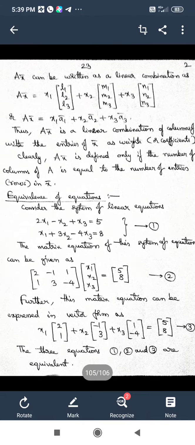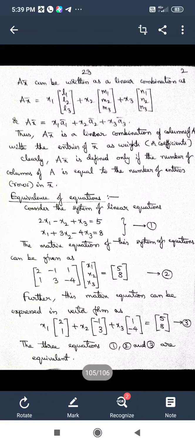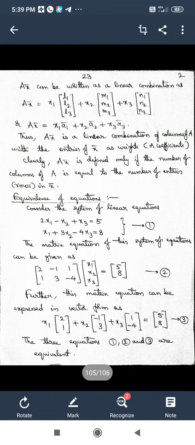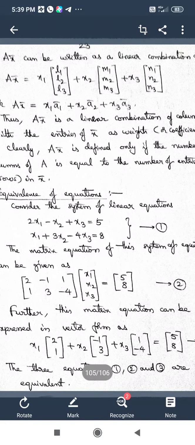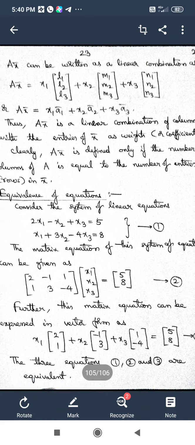With the above explanation, we can arrive at an understanding that Ax bar can be multiplied in a different way, which can be treated as a linear combination of the columns of matrix A with scalar multiples taken from the vector x bar.